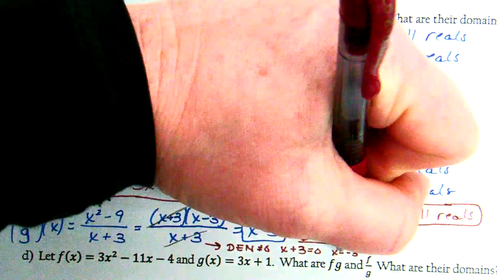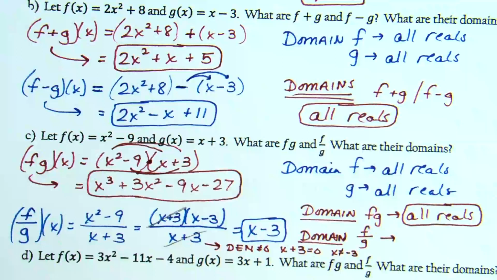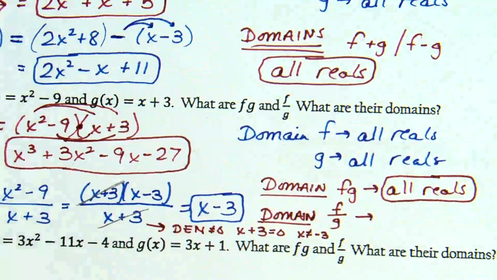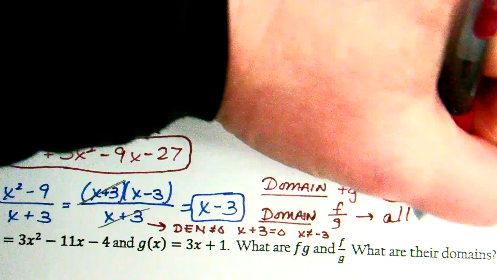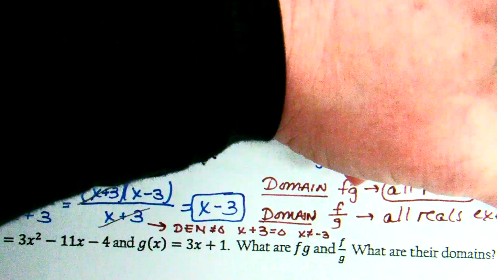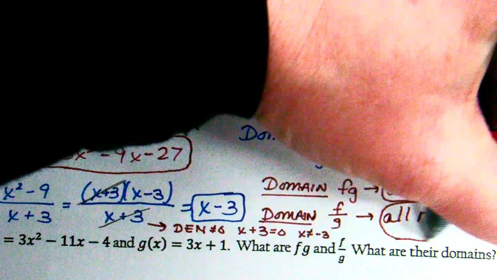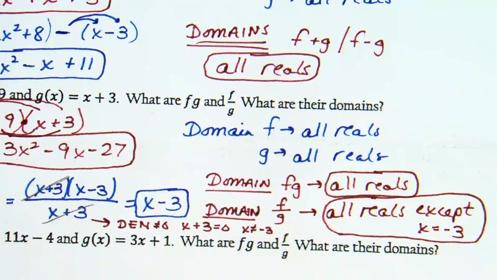And so what do we know? X cannot be negative 3. So my domain is what? Everything except negative 3. So I'm going to write it as all reals except x equals negative 3. So that will be the key to watch out for: denominators.